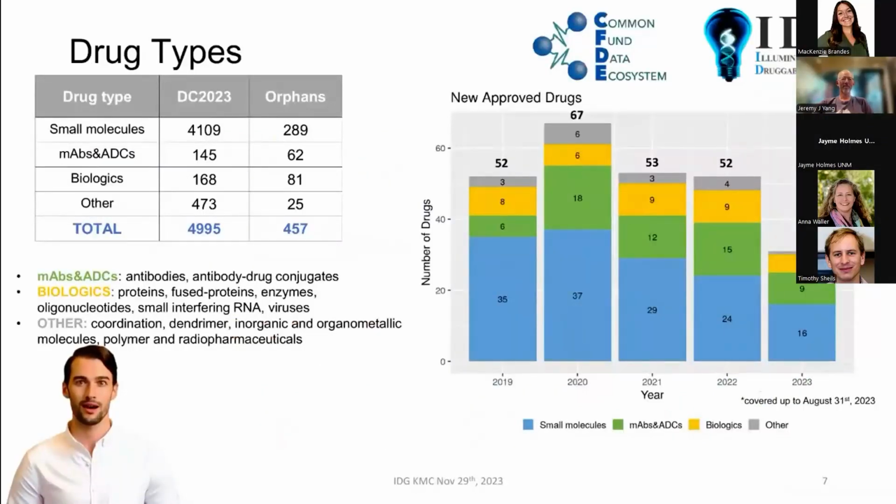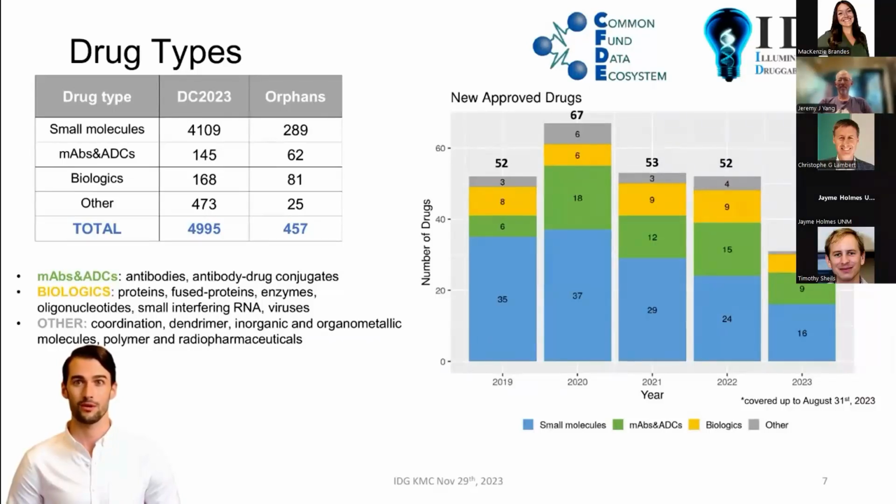In this slide, I'll talk about the latest updates of the main features and functionalities. I'll start with drug types. The current DrugCentral version, available online, comprises 4,995 drugs. The vast majority are small organic molecules, roughly 85% of the entries, while overall the other categories account for 15%.